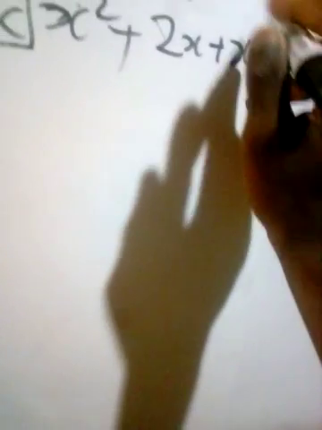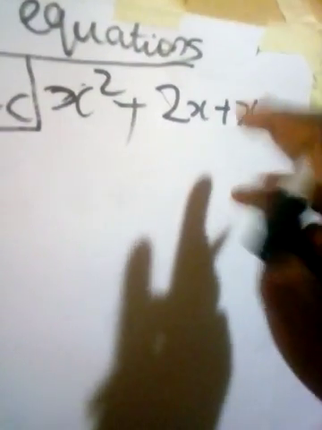x squared plus, what I have done is I have factorized this side of the equation with these two, with 1 and 2 rather. So this gives me plus 2x plus x, that's the same thing as 1 times x.